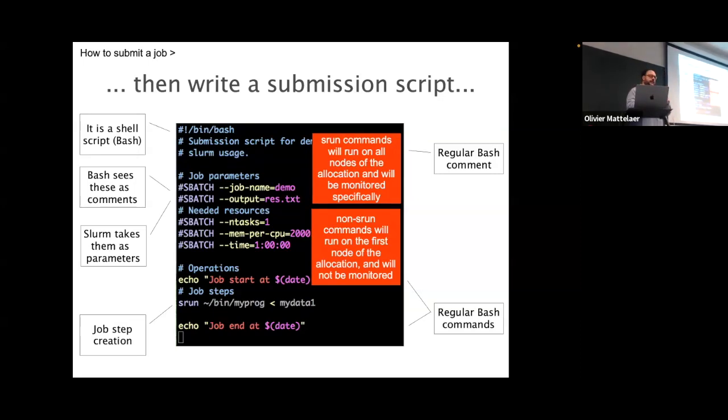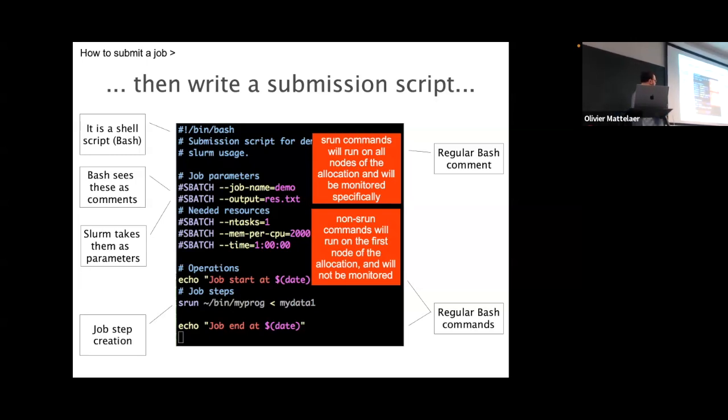But srun organizes the work across the compute nodes. That's the first thing. And the second thing is that doing that, it monitors in real time the memory consumption, the CPU consumption of the processes, and you can get access to them with the stat command. But again, you will see that later.